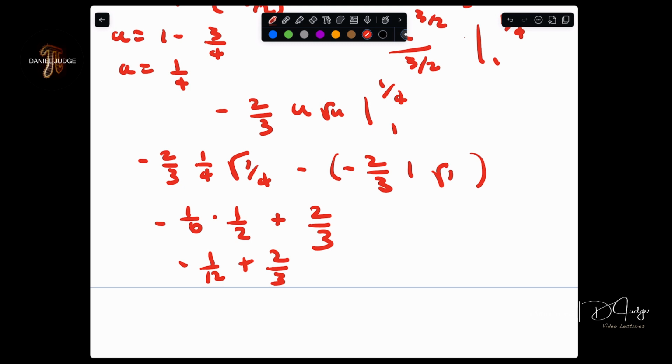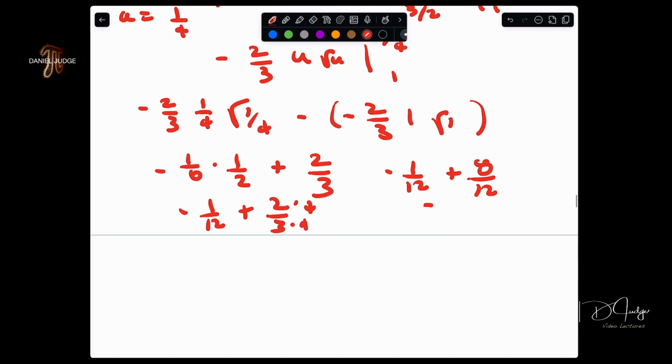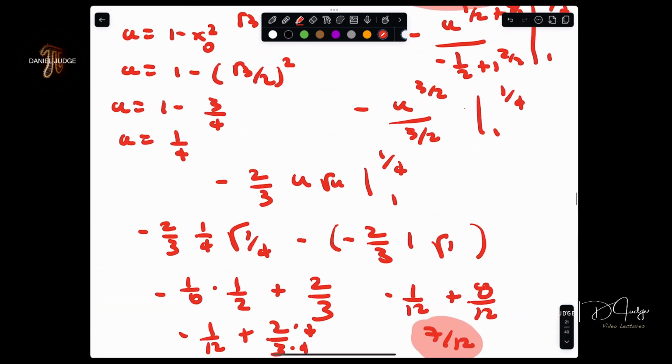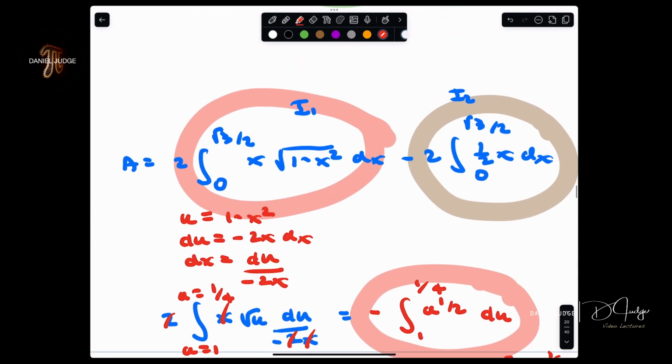Multiply the top and bottom by 4. Negative 1/12 plus 8/12 will be simply 7/12. Seven twelfths. This is the answer for the first one.